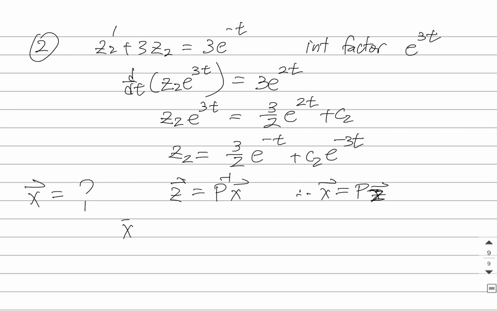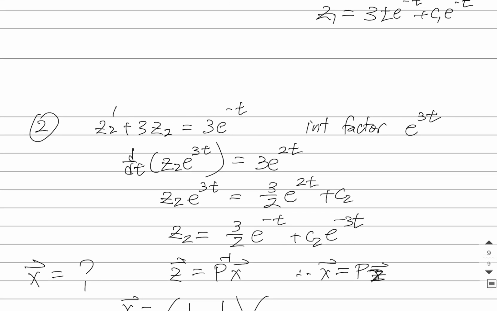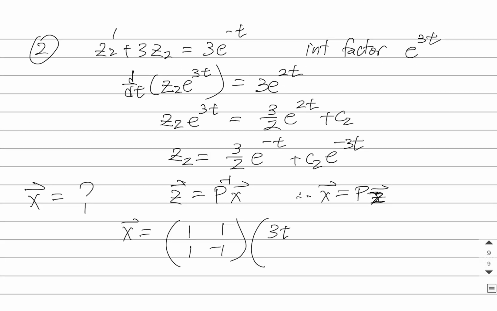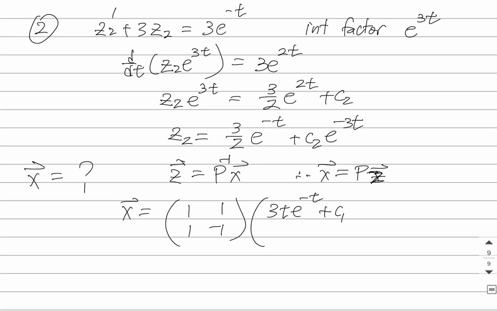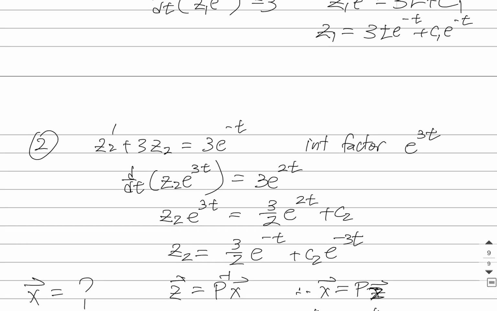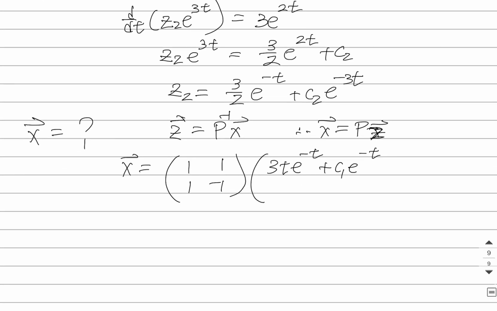That means we take the original matrix of eigenvectors, 1, 1, 1, negative 1, and we now take a vector that holds each of these two solutions. So we'll have 3t e to the minus t plus c1 e to the minus t, and we'll have 3 halves e to the minus t plus c2 e to the minus 3t.